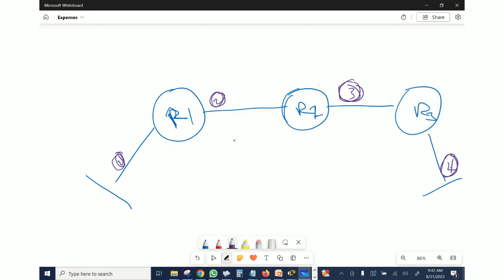It knows nothing about network 2 and network 1. Agreed, right? So now, for R1, for instance, to know about 3 and 4, that means R2 needs to tell it. Okay, sorry, let me say it this way.